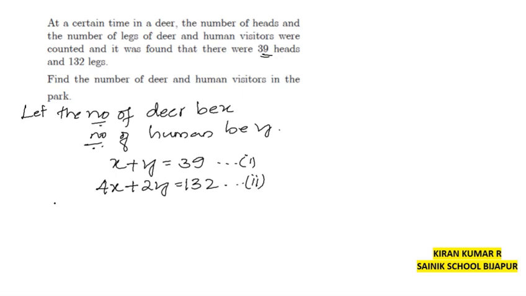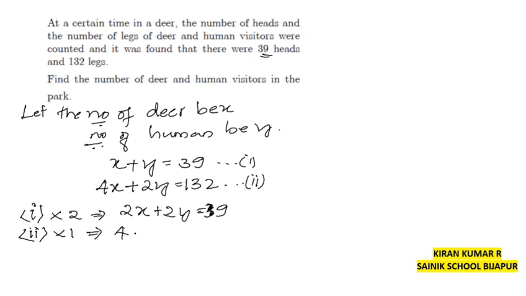Now to simplify equation 1 and 2, the best way is multiply equation 1 with 2 and equation 2 with 1. If equation 1 is multiplied by 2, I'll get 2x plus 2y equal to 39. Not 100, that's just 39. The second equation, when you multiply with 1, it doesn't change. It is 4x plus 2y equal to 132.